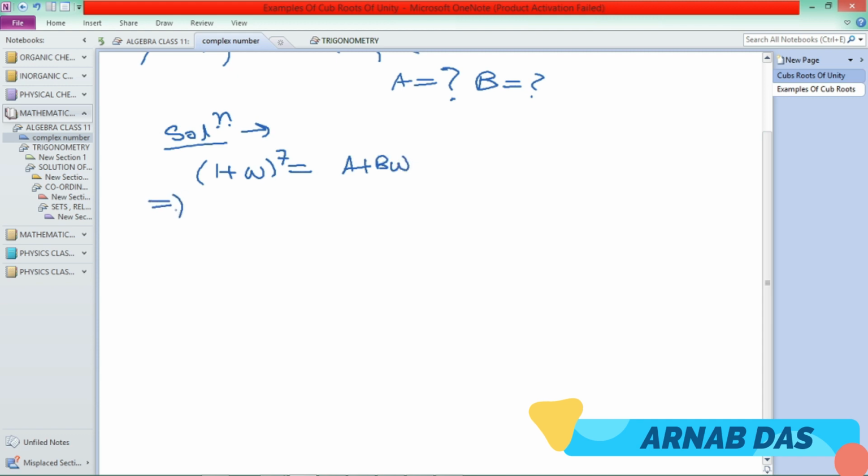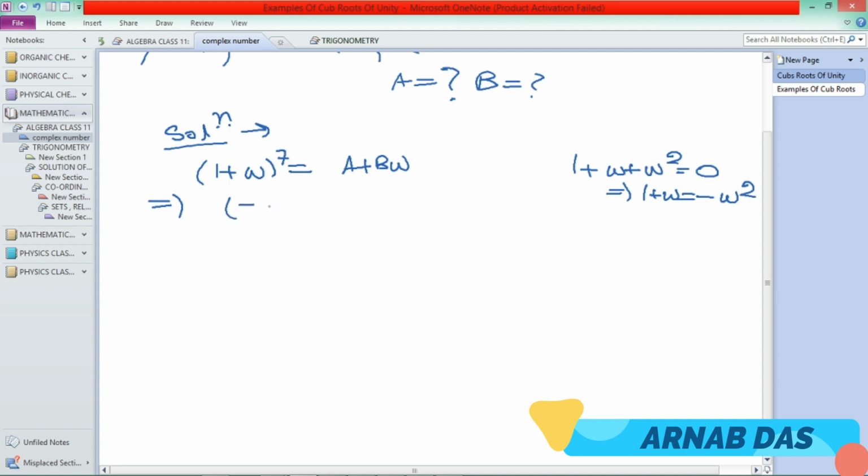You also know that 1 plus omega square equals 0, and 1 plus omega is basically minus omega square.